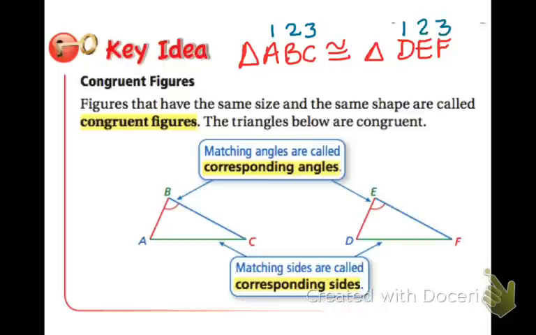Both angles in the first position, A and D, would be corresponding. Angles B and E would be corresponding, and angles C and F. It would also help you when they're numbered like this to find the side lengths that are corresponding. So AB and DE, BC and EF, CA and FD. So let's see if we can use that on our next example.